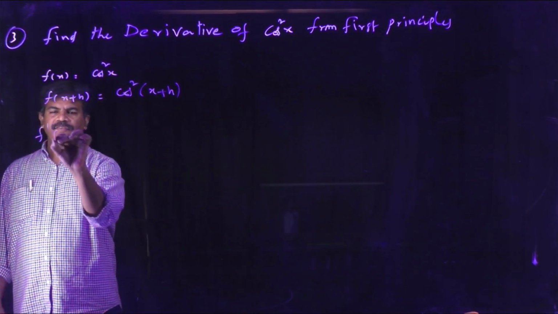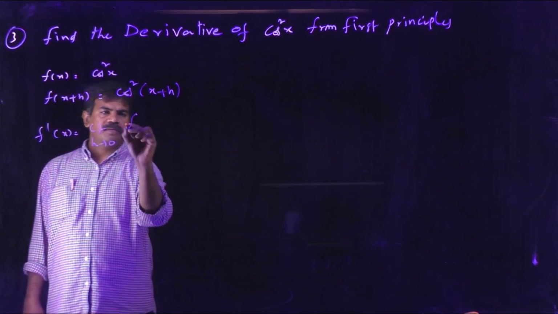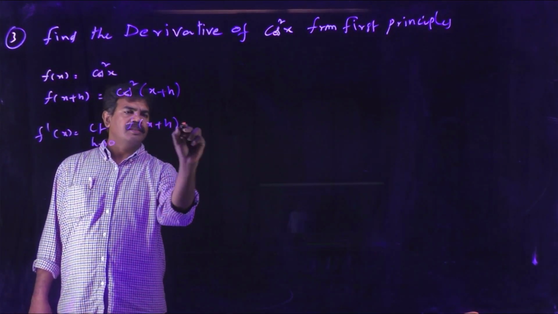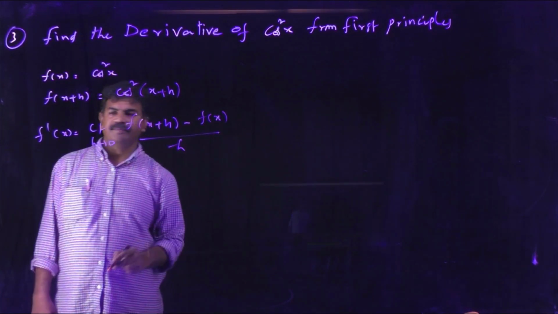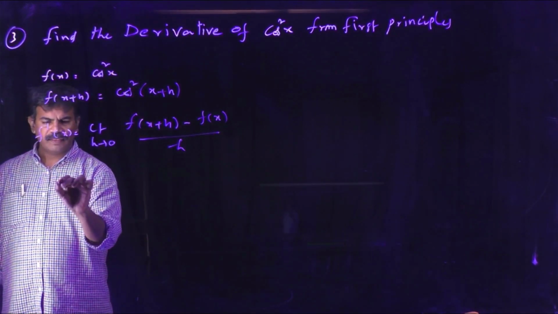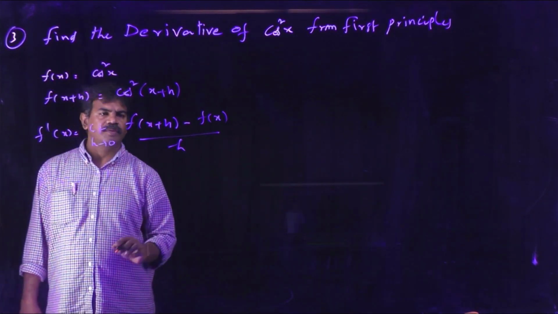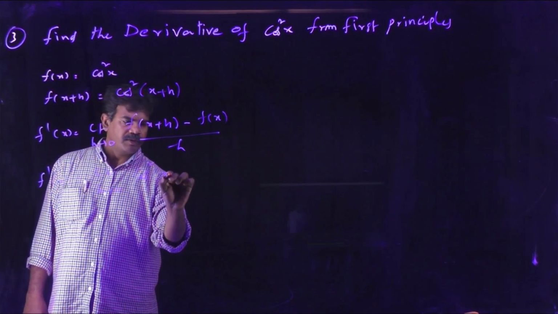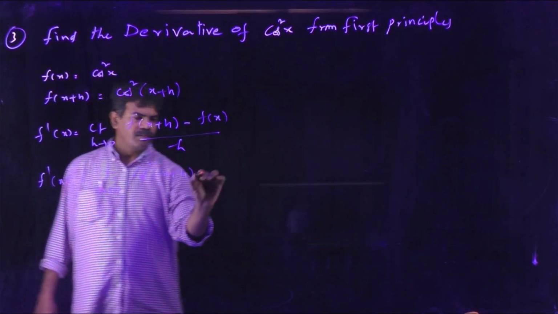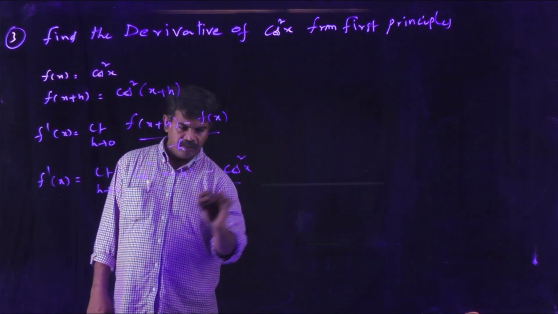Now we take f dash x is equal to limit h tends to 0 f of x plus h minus f of x by h. That is f dash x is equal to limit h tends to 0 f of x plus h means cos square of x plus h minus cos square x by h.